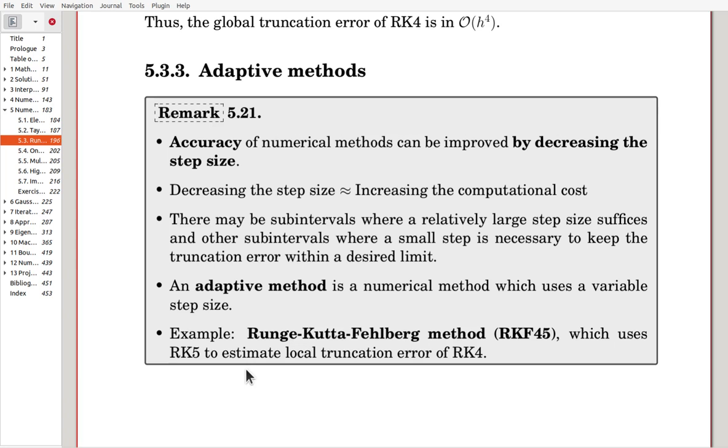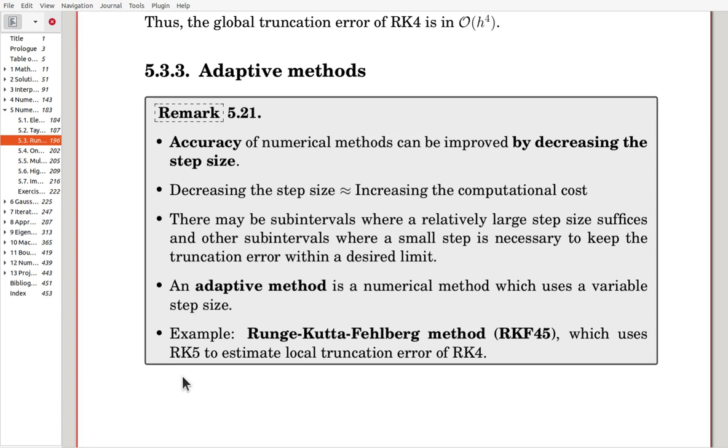Of course, rather than fifth order, we may use a third order Runge-Kutta method to estimate the local truncation error, and RK4 can be used for the main solver.